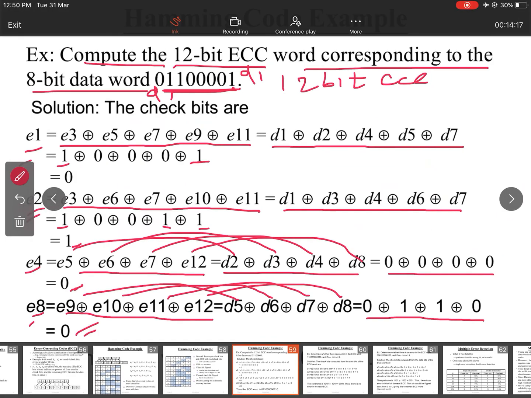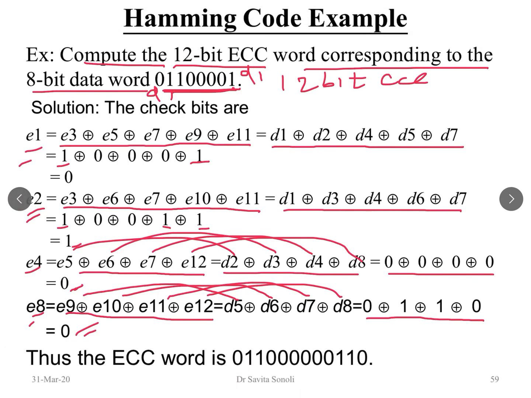If you can see here, finally the ECC word is, this will be our E1, this will be our E2, E3, E4, E5, E6, E7, E8.